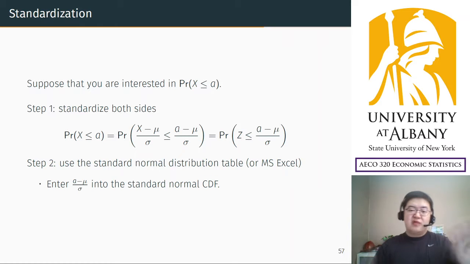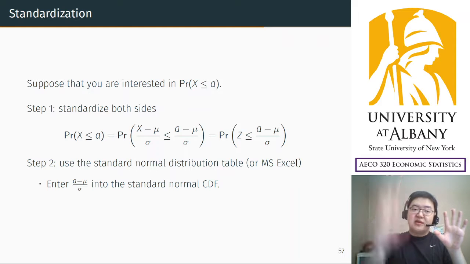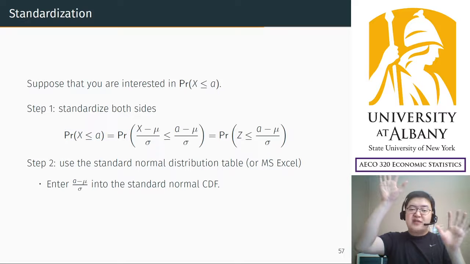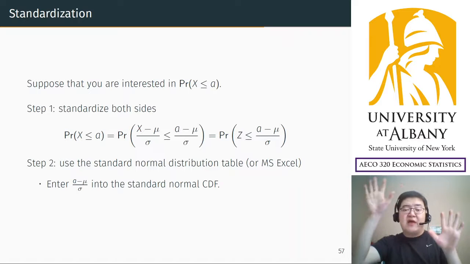Here, we are looking for the probability that x is smaller than a. But if you standardize x, then its unit changes. So if you do not standardize a, then the inequality may break down.